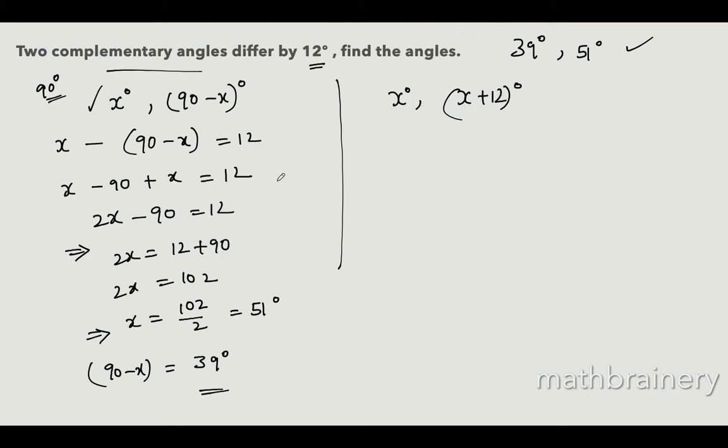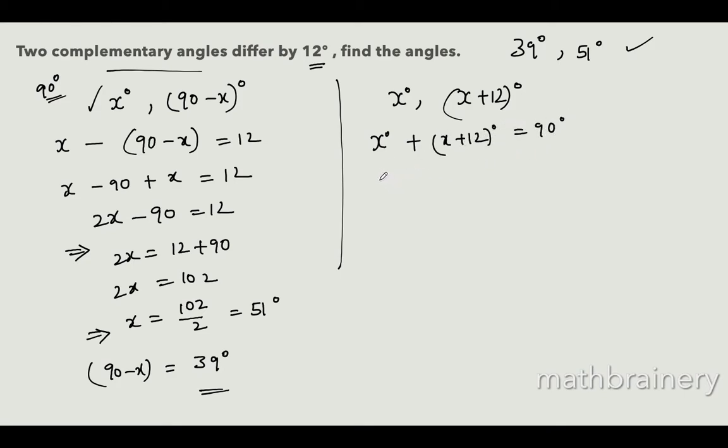Obviously, among x degrees and x plus 12 degrees, x plus 12 is the bigger one. Now what is given? That these two angles must be complementary angles. So now I will say that when I add these two, that is x degrees plus this x plus 12 degrees, this must be equal to 90 degrees.